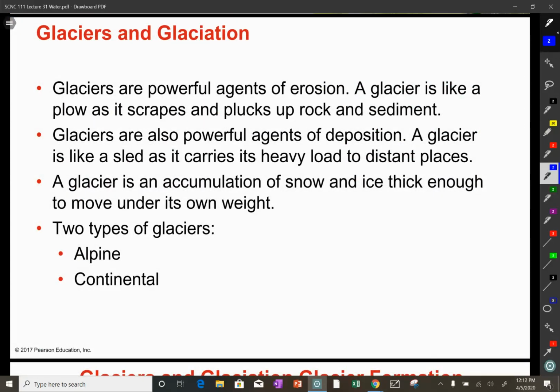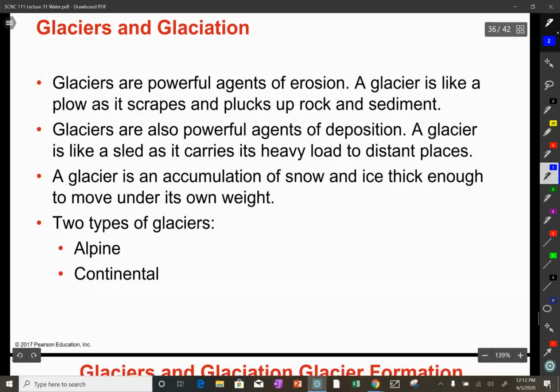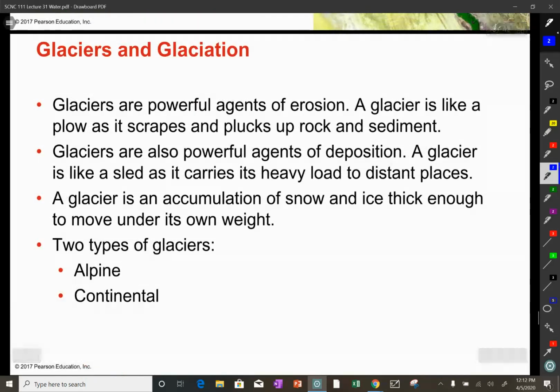Now, for our final trick, we'll talk about glaciers. Glaciers, you have two kinds, alpine glaciers and continental glaciers. Alpine, or high mountains; continental, that's what I would have here. But glaciers are places where you have more snow accumulation than you have evaporation each year.